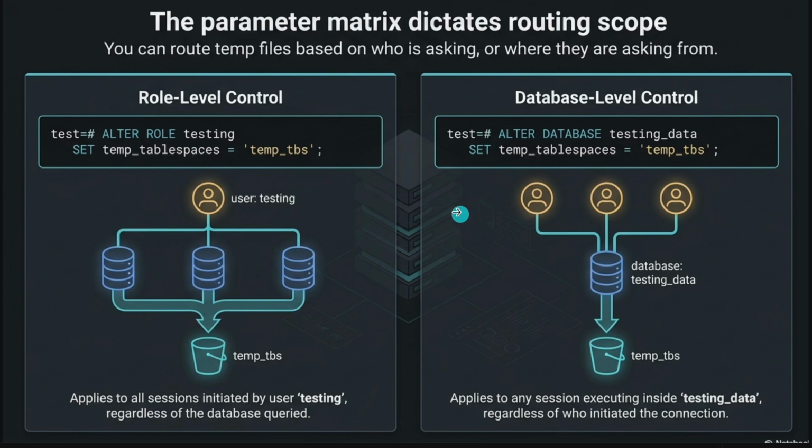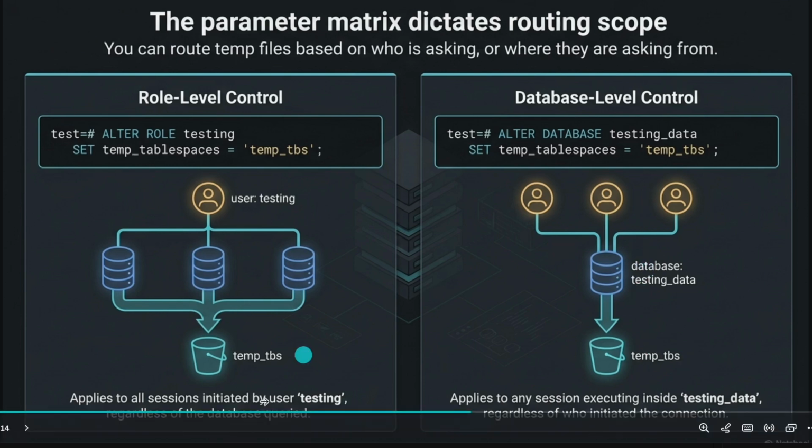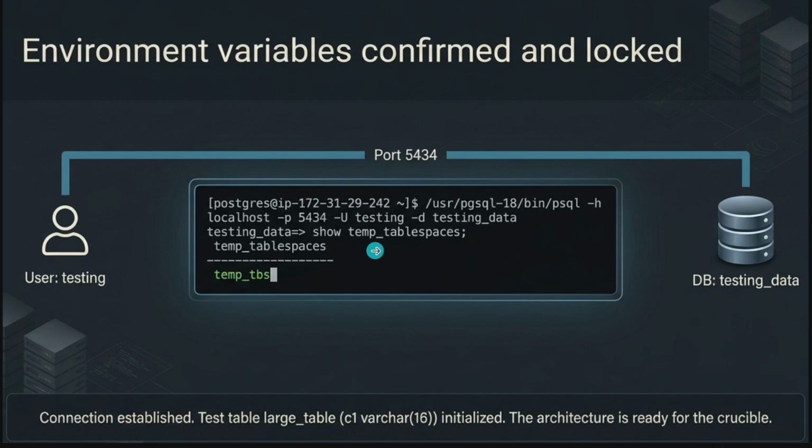If you set it for a database, any user who connects to this database uses this temp table space only. Once you set that, you can check temp_tablespaces. If any custom or non-default temp table space has been set, it will give the output. If it is the default temp table space, it will show as empty.